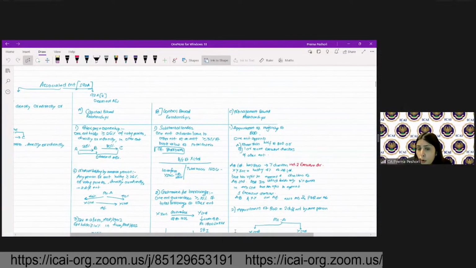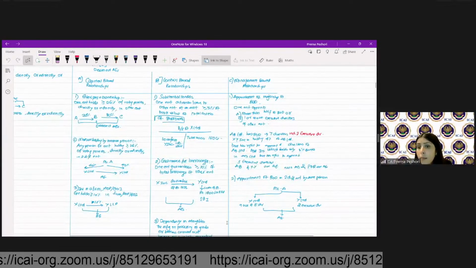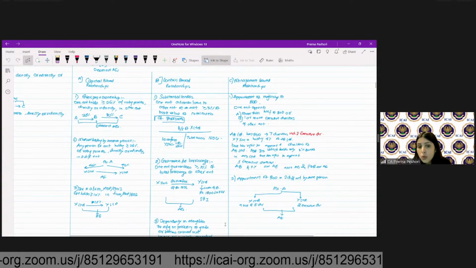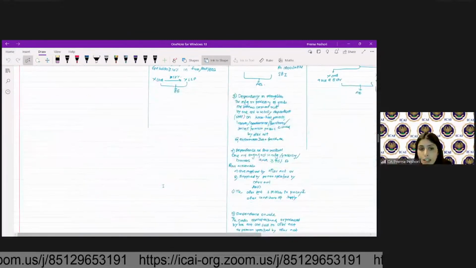So a majority of the board or one or more executive directors are appointed either by one person or one enterprise, or by one particular person in two enterprises. All of this would be categorized as an associated enterprise.